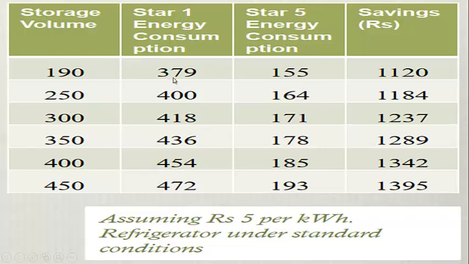And you can see the difference over here is around 230 kilowatt hour. You can see almost 1.5 times energy is saved from the 5-star refrigerator. So the total saving you can see is 1120 rupees per year.